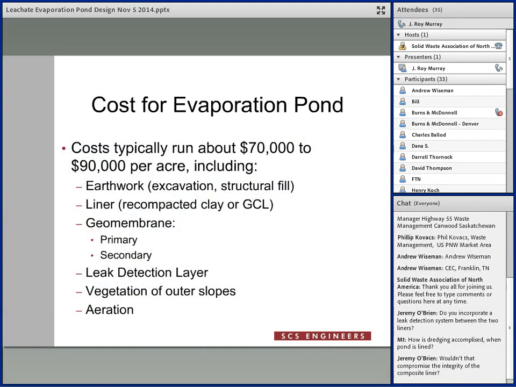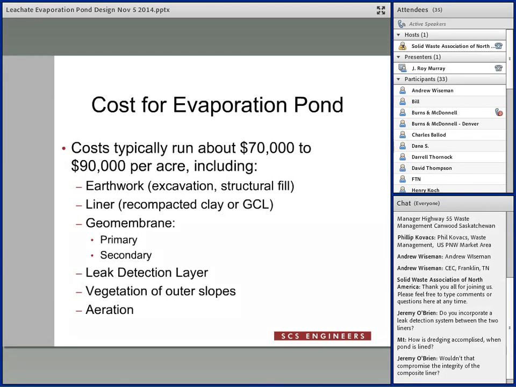The cost for these typically runs anywhere from $70,000 to $90,000 an acre, and this includes dirt work, your excavation, your structural fill, your liner, your recompacted clay or geosynthetic liner construction, your primary and secondary geomembranes, leak detection layer, vegetation of outer slopes, and aeration.